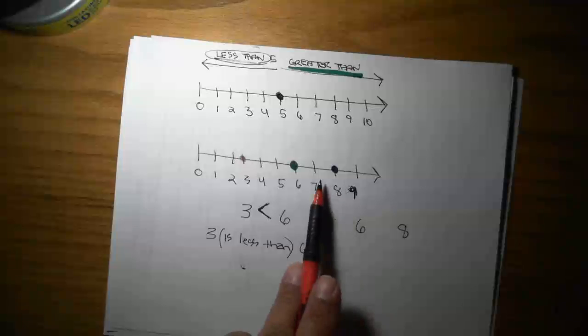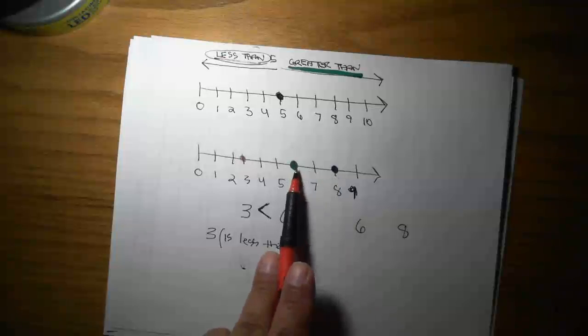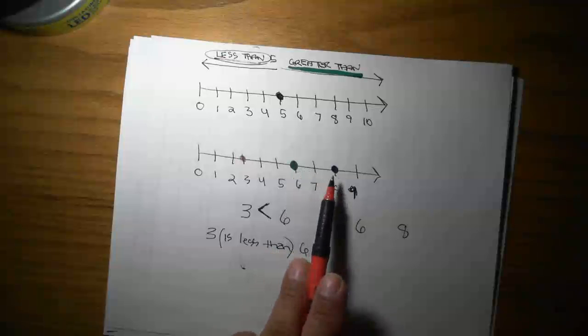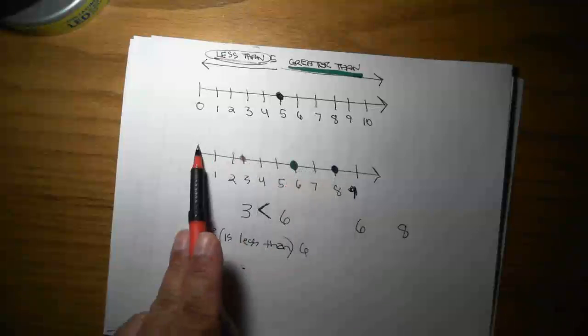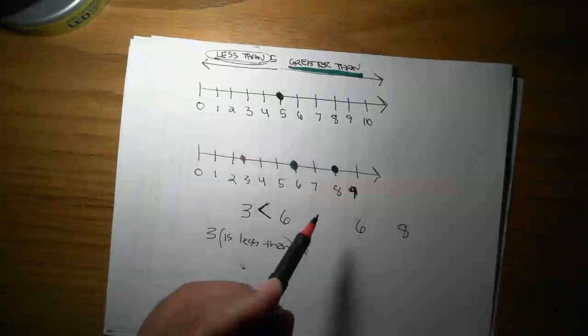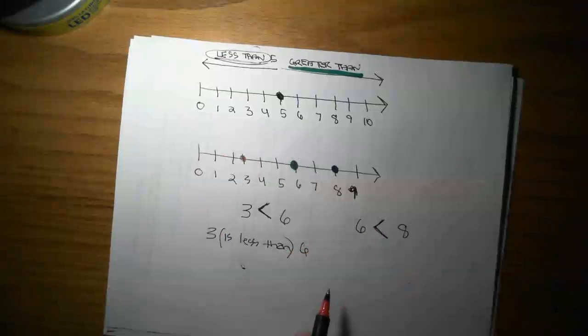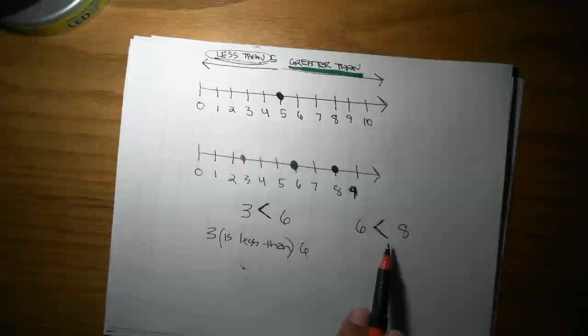So let's look at the number line to help us understand. 8 is right there. 6 is right here. So anything that's to the left of a given number is less than, so we know that 6 is less than 8. Or I can write out the 3 words, but I like shortcuts, so I'm going to use the symbol.